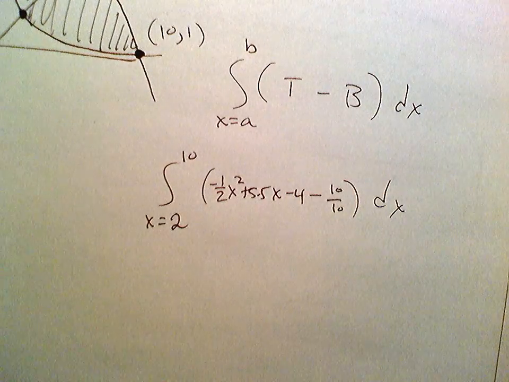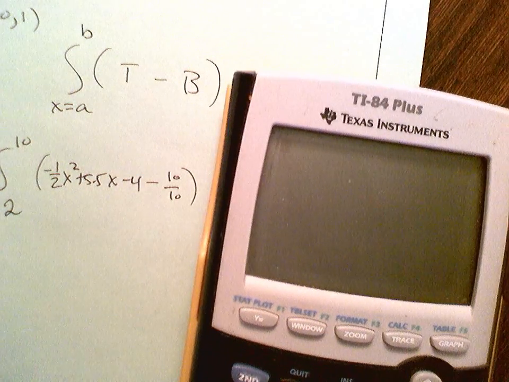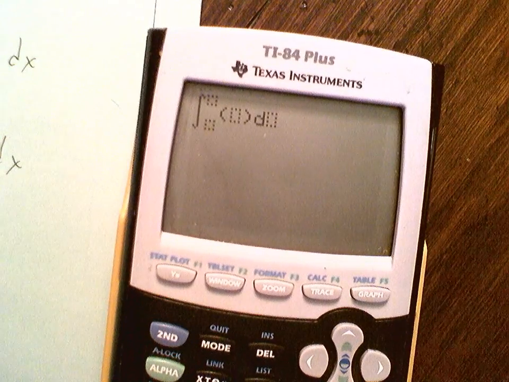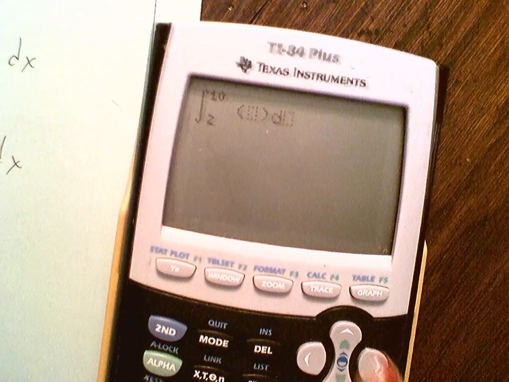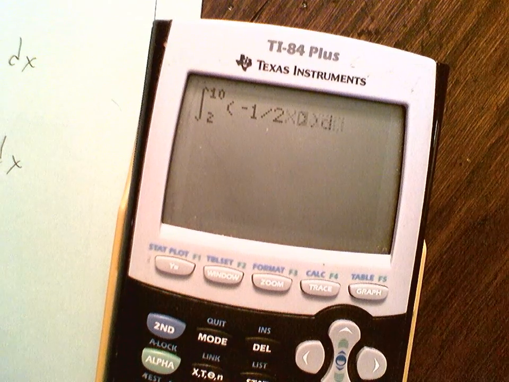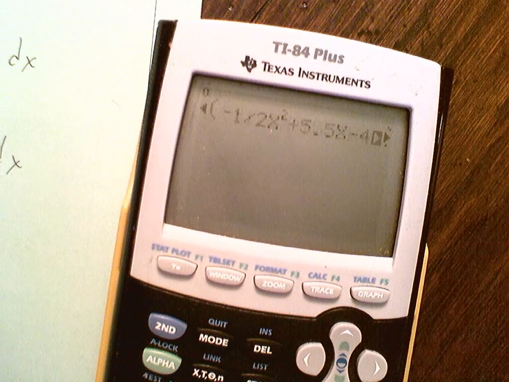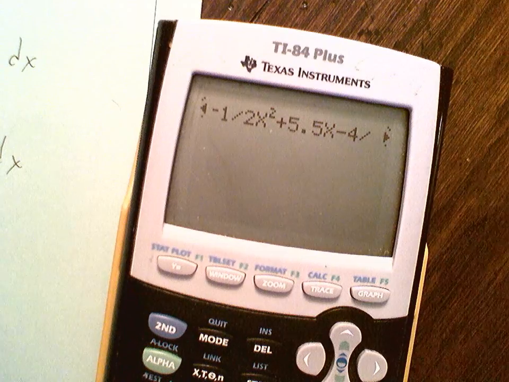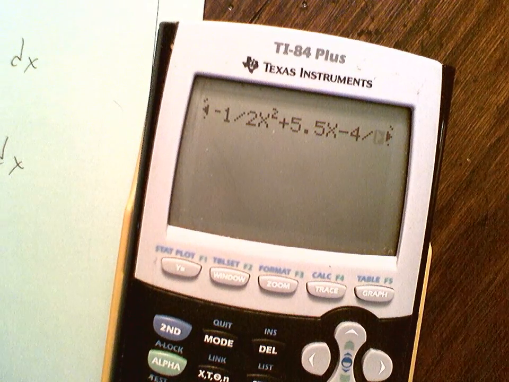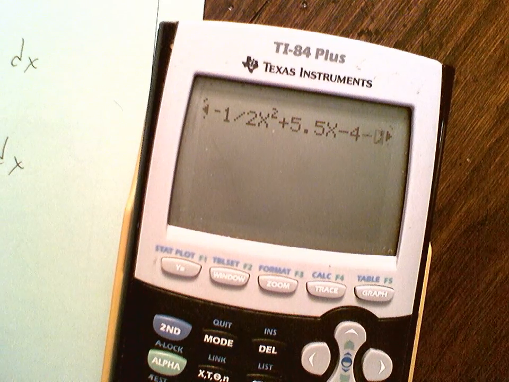And then you can just plug it into your calculator using Math 9. So Math 9, and then from 2 to 10, negative 1/2 x squared plus 5.5x minus 4, minus 10 over x, dx. Oopsie, I wrote 10 over 10 on my paper. You probably caught that.